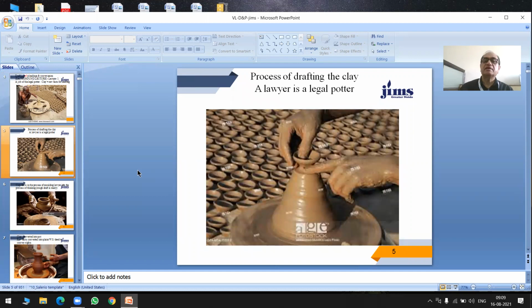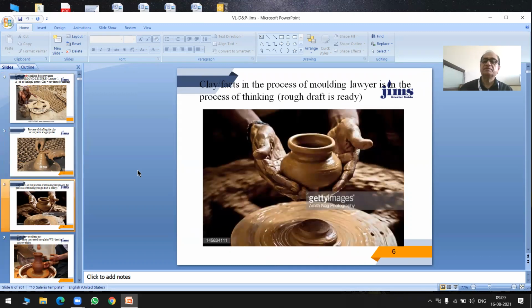Again, you see, the process of drafting is in progress. Since a lawyer is a legal potter, this diagram shows that clay is taking shape. So raw facts are taking shape of a pot in this diagram.